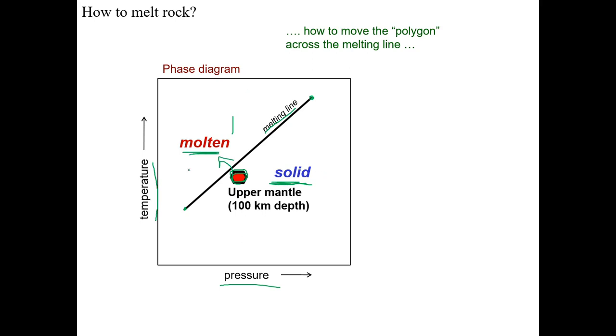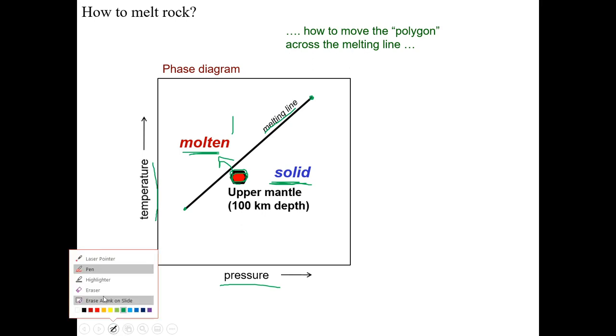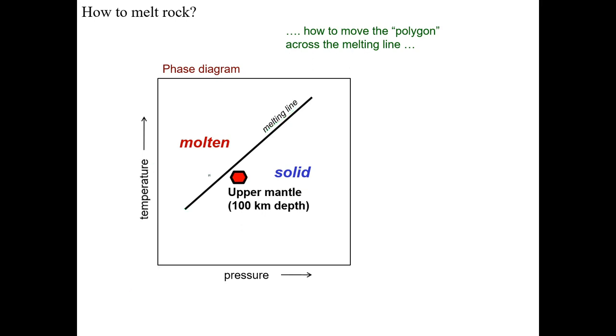There are 3 ways to do this. Way number 1, how do you melt something? This is the way that everybody knows and thinks of. The first way is to increase the temperature, make the temperature go up. So we move it up to cross the line.